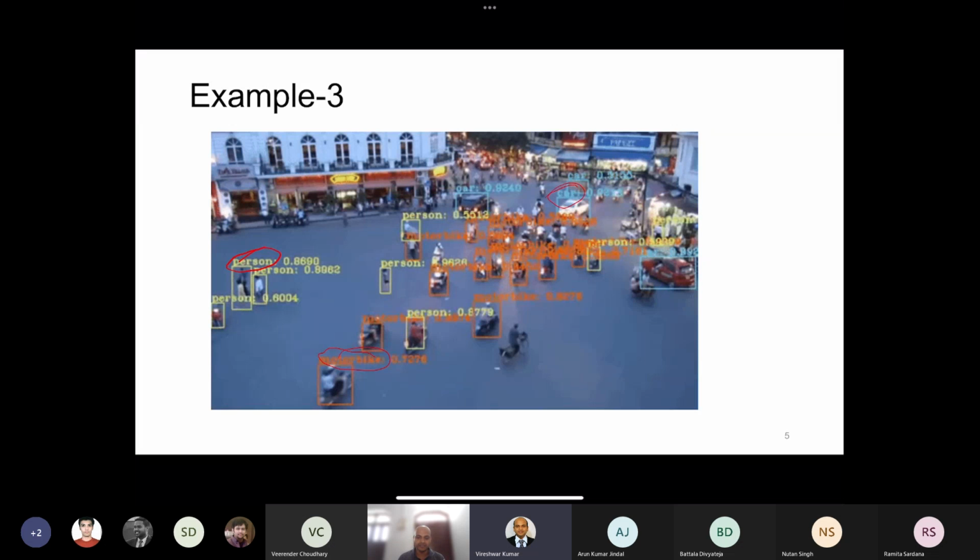You are just seeing this view from a camera which is installed on a traffic light or something, and that camera is taking this picture. The machine learning algorithm that is running is trying to differentiate between who is a person, who is a bike, and what is a car.